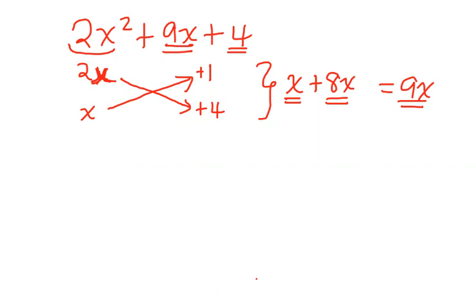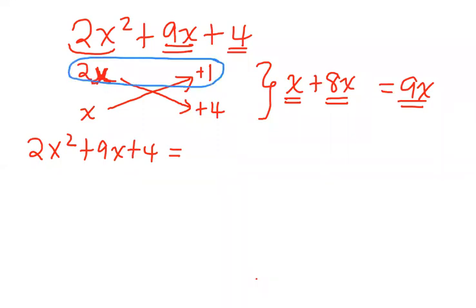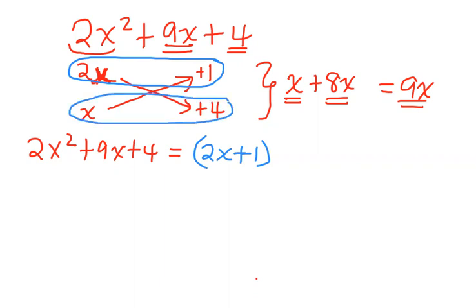So in this case, we can say 2x squared plus 9x plus 4 can be factorized as, let's start with the top variables, 2x plus 1. That will be the first factor. The second one will be x plus 4.